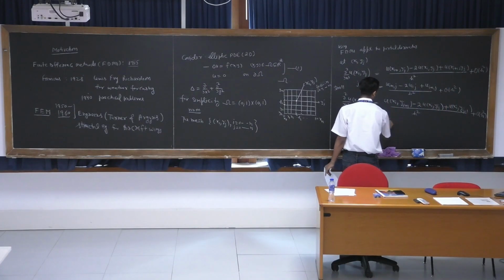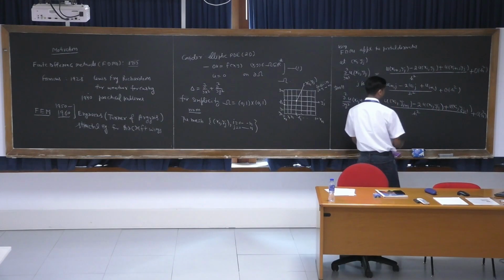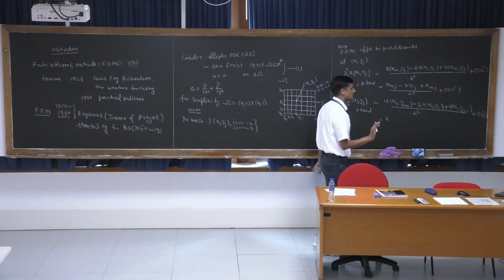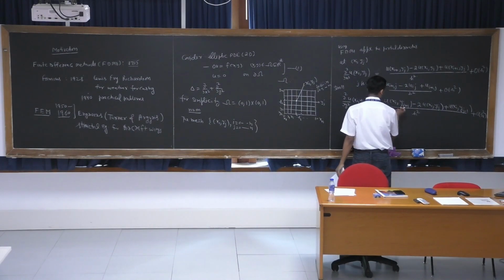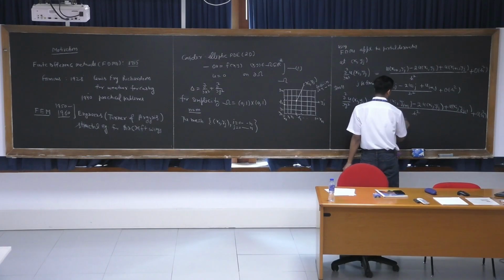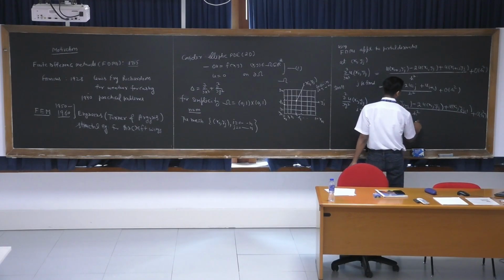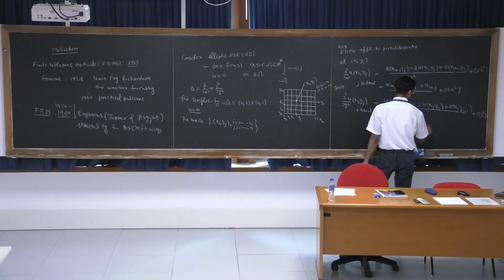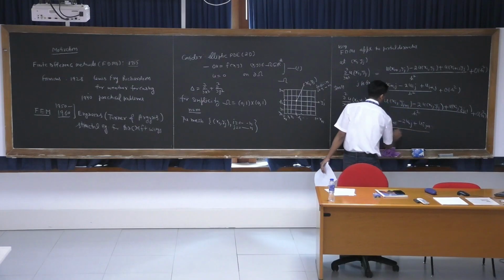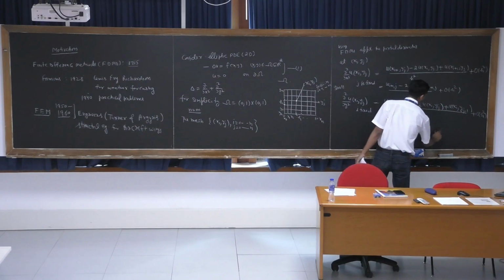For simplicity, I can write u of xi, yj as just uij. So now this becomes ui j plus 1 minus 2 uij plus ui j minus 1, divided by h square, plus order of h square.